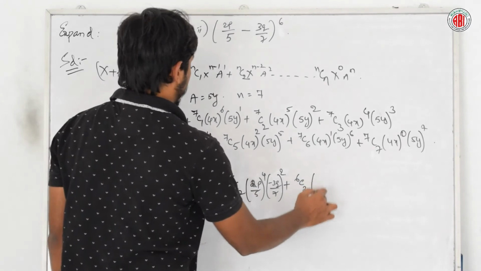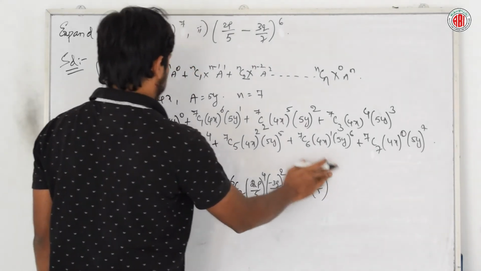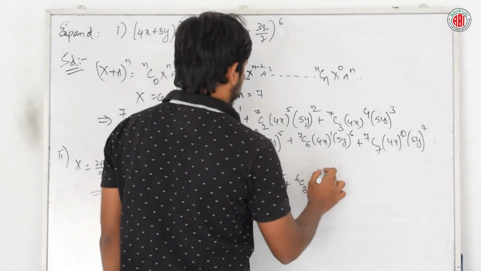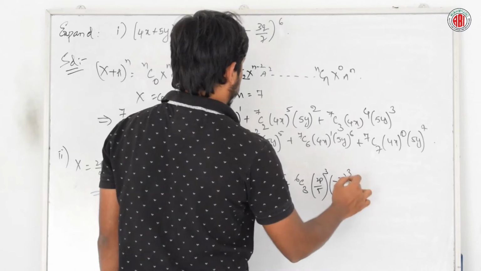Next 6c3 (2p by 5) whole power, after 4 we'll get 3, and (minus 3q by 7) power 3.